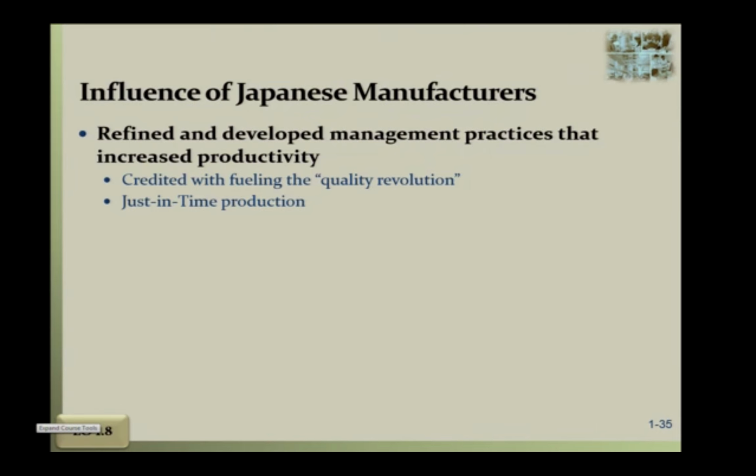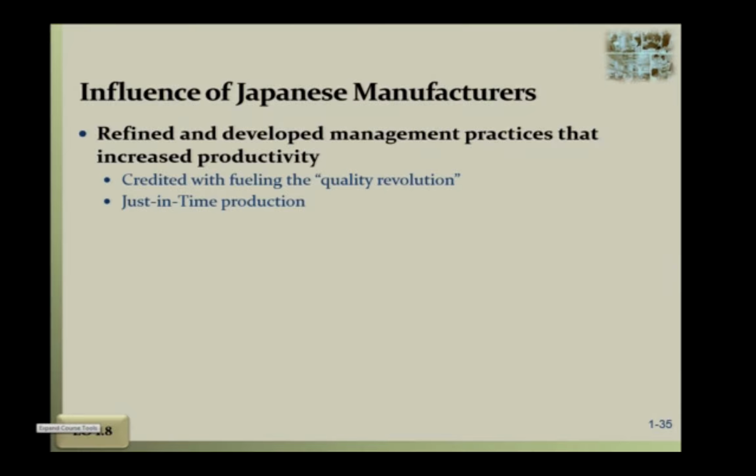So how did all of that happen? I mean, what changed in the Japanese mentality or the situation they were in to go from a country that really was a very poor, agricultural, rural country to one of the most industrial countries in the world with the highest productivity and highest quality?